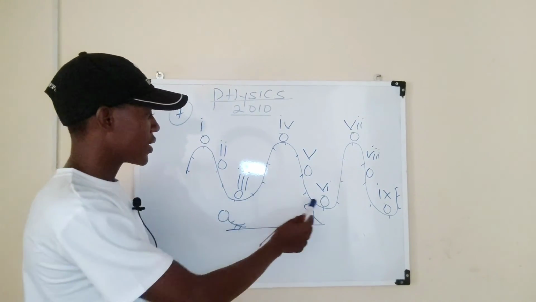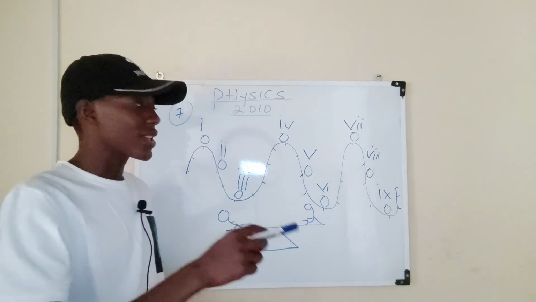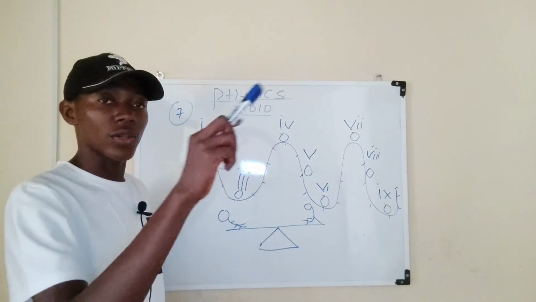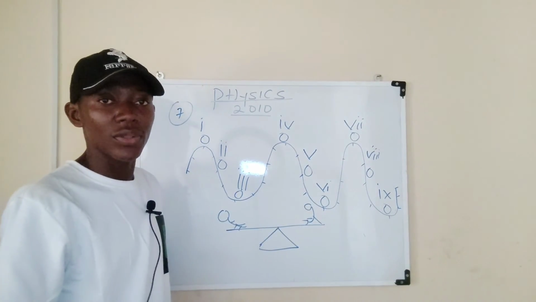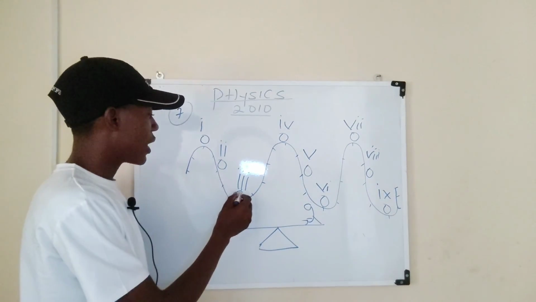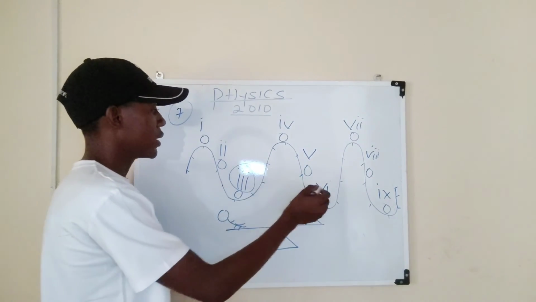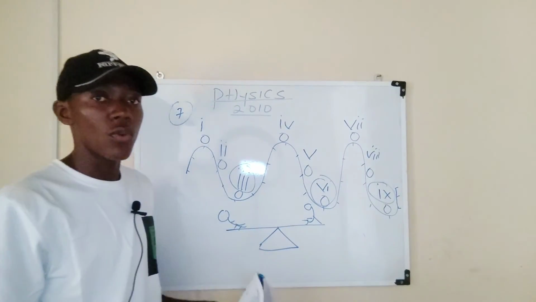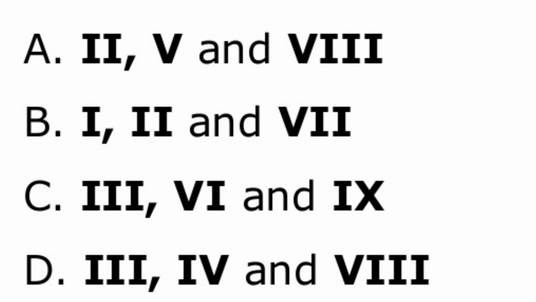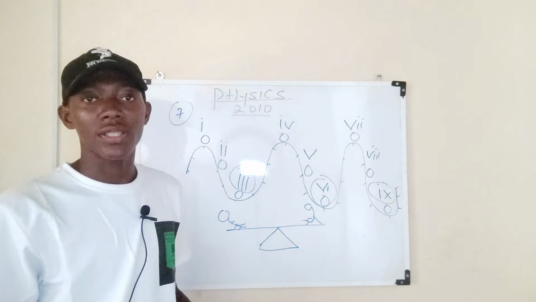But at this point, this point, this point, it can't go up and it can't cross over. So if you look at it, we find out that the ball, based on the diagram, is more stable at points III, VI, and then IX. So if we go back to the options, we're going to find out that option C is actually the right answer. III, VI, and then IX. I hope that answers the question.